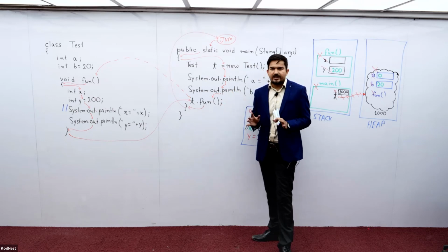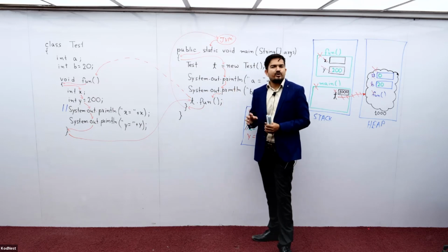Please don't write or type while I am dictating. I am going to give you more than enough time required to copy down the notes. If I come early and start rubbing the board, you can tell me, sir, please wait, I am still writing. I'll wait for sure.